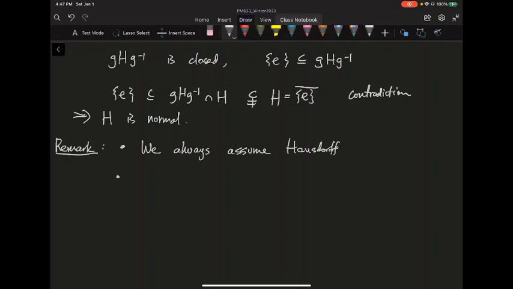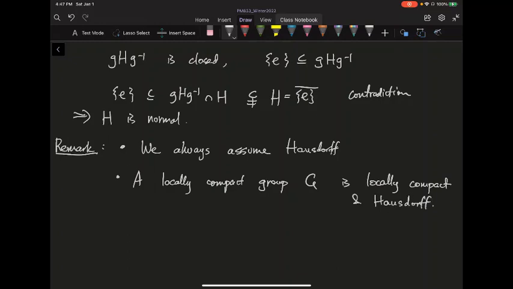And one thing we often talk about is a locally compact group, that's the typical object we study. So a locally compact group, let's call it G, is basically, by definition, a group whose topology is locally compact and Hausdorff. So whenever I say something is locally compact, then I automatically mean it's Hausdorff and locally compact.